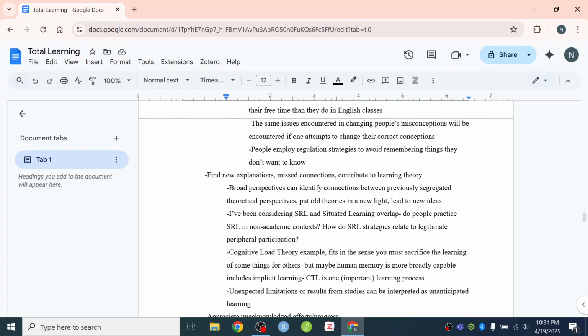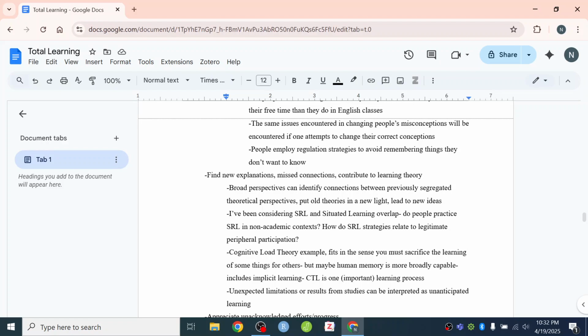But maybe human memory is more broadly capable than cognitive load theory would imply, based on its focus on working memory and active attention to what is to be learned. Implicit learning is included within the total learning framework. Maybe cognitive load theory covers one admittedly important learning process, but only one, which can then be related to other learning processes within the total learning framework.